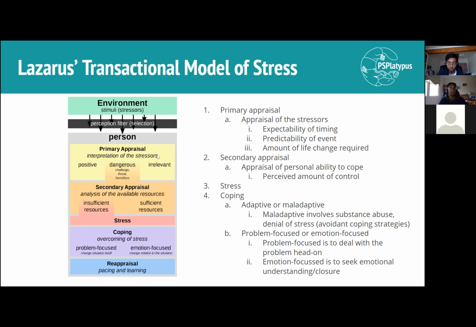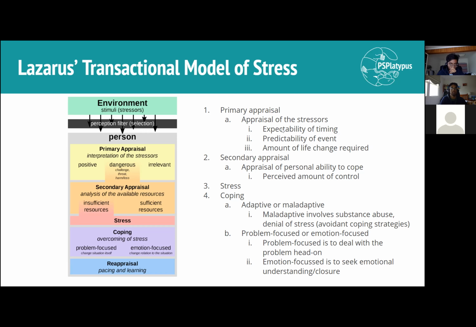So first of all, the person has primary appraisal. By appraise, I mean they assign how bad the stressor is. If it's really bad, then you would appraise it as a significant stressor, but it changes depending on the different characteristics.